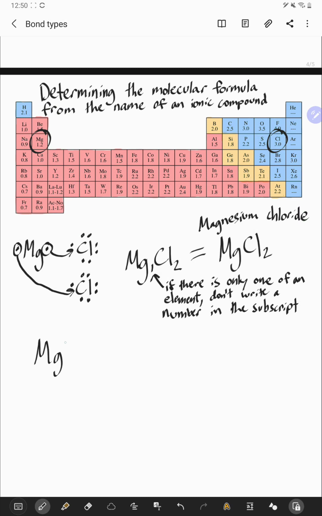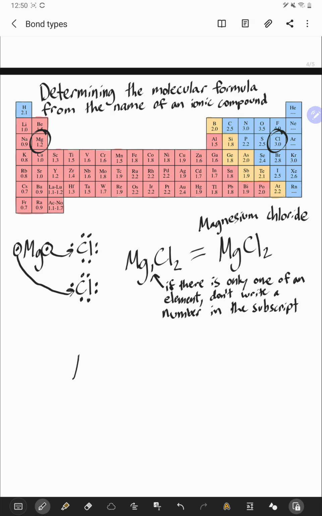Why we do that, I'm not completely positive, but it's probably just because it looks a little more clean. For the most part, nothing's going to have 0 valence electrons. If we have 0 drawn, then I guess we're going to assume that it has a full valence shell of 8. So magnesium, we're going to write this like this.